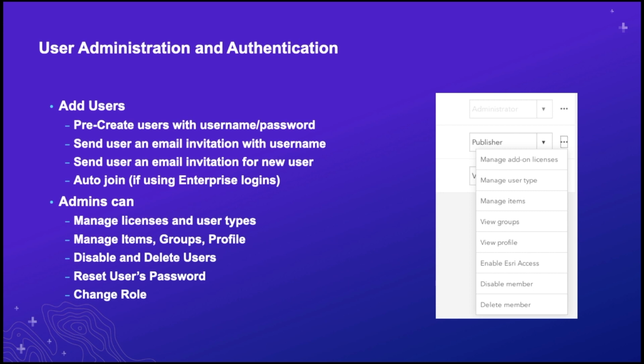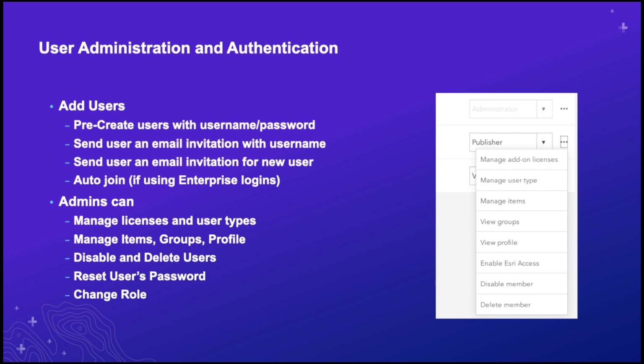You can also send them an email and ask them to completely create a new identity themselves, so they pick the username and the password. Or you can have them auto-join, depending on some external identity provider. And I'll talk about external identity providers a little bit later. But basically, if they get through your Active Directory or LDAP system that you might have, your Okta or whatever you might use in your enterprise, then automatically have them join your organization.